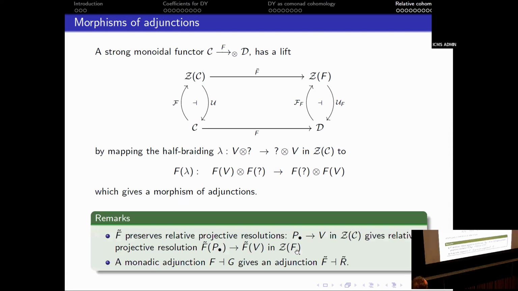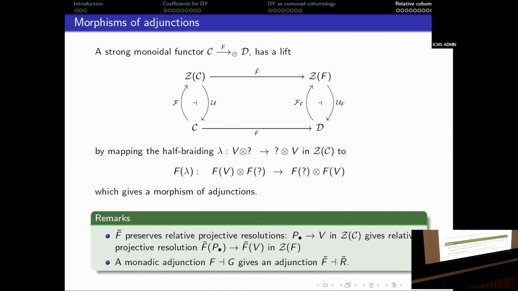And now you have to sit down and work, and I won't do the work here. What you can show is that if you start with a relative projective resolution over here, you get a relative projective resolution here by applying F. This is handy because once you have found some relative projective resolutions here, you can transport them and use them for your problem that depends on F.